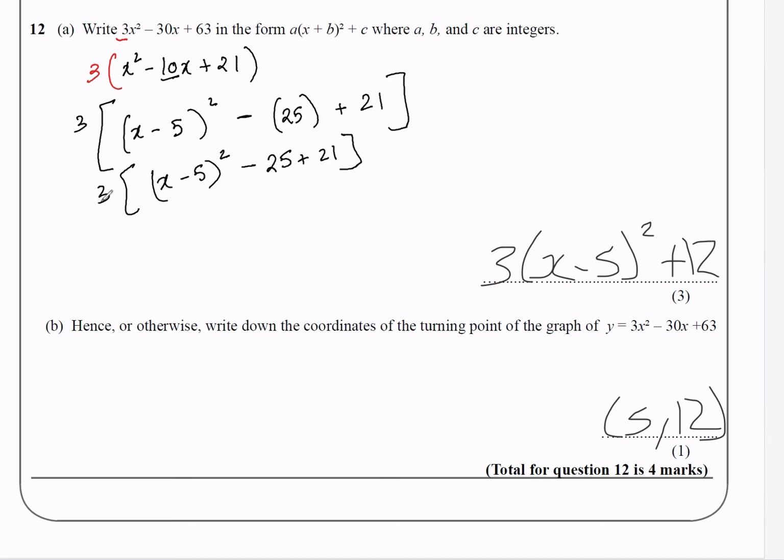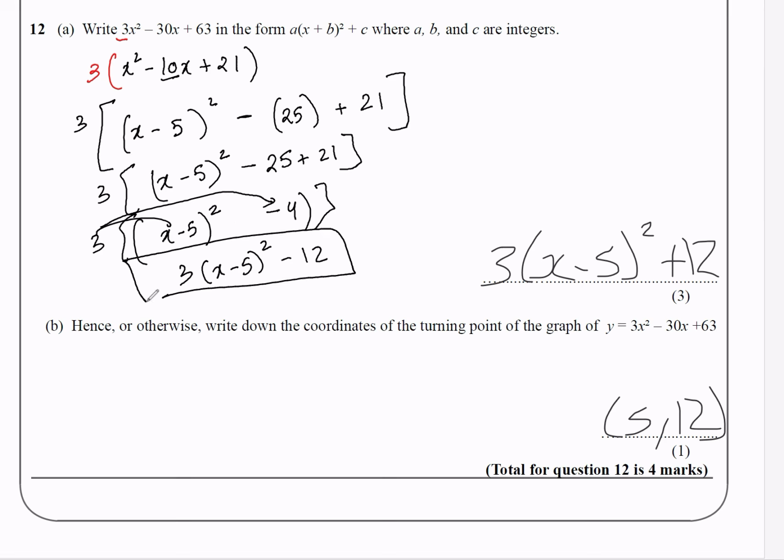Minus 25 plus 21 is negative 4. (x minus 5) whole square. Now multiply: 3 bracket (x minus 5) whole square. 3 times negative 4 is negative 12. Okay, so the turning point will be positive 5, negative 12.